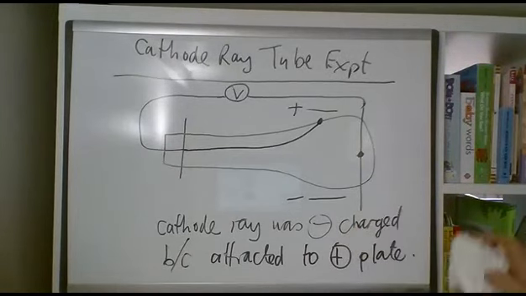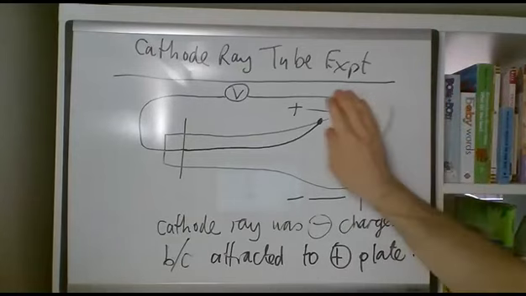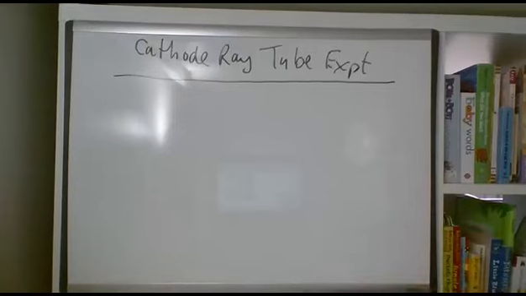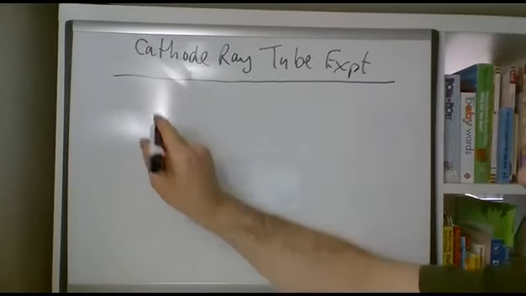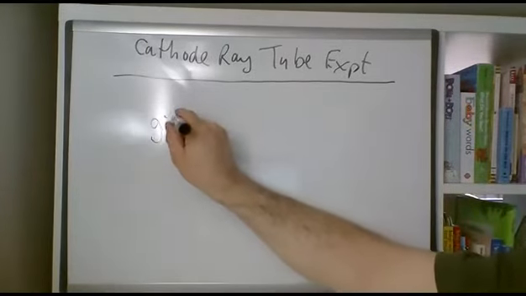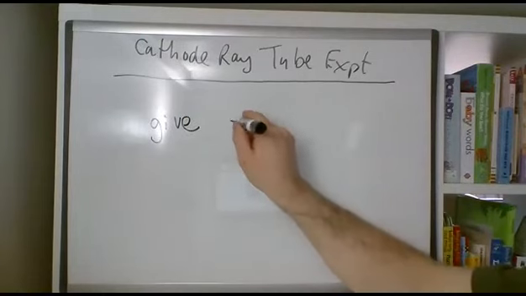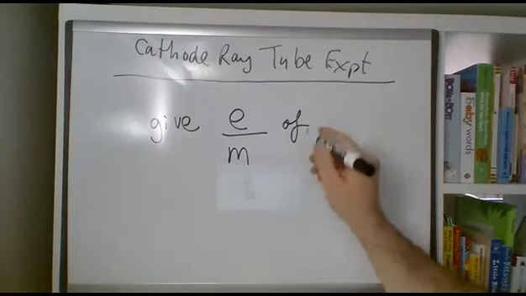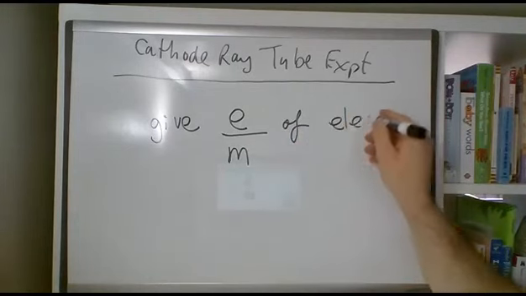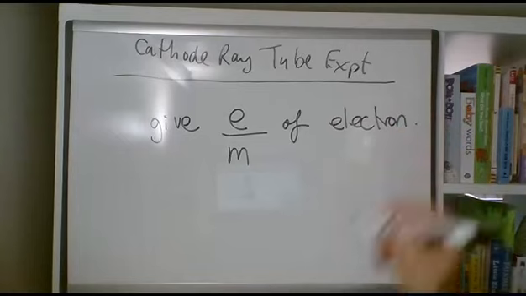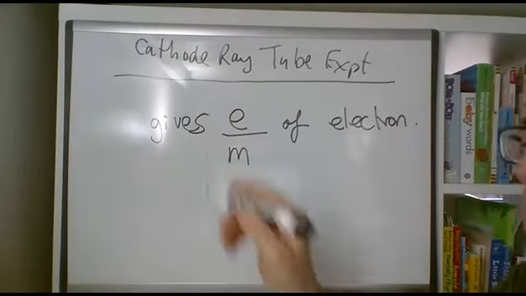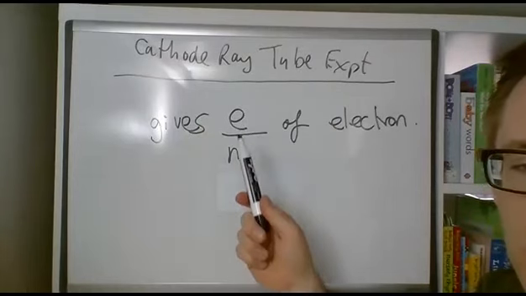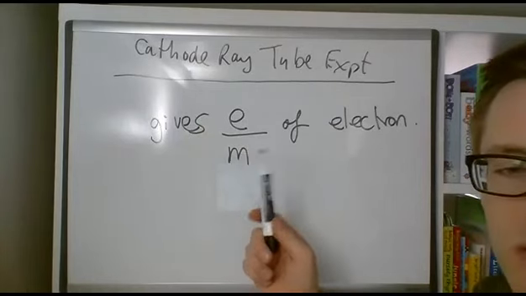Okay, let's have a look at what he did. So this is roughly what it looks like. What does the cathode ray tube do? It gives the ratio of charge to mass of the cathode ray, which we now know as the electron. So his experiment gave the charge of the electron divided by the mass of the electron as a ratio.